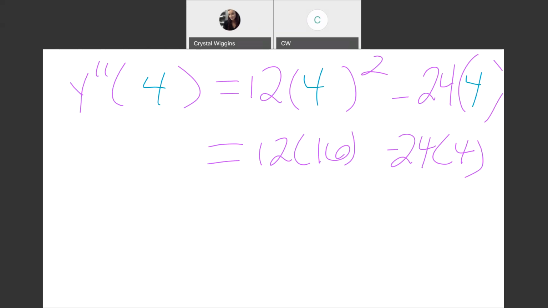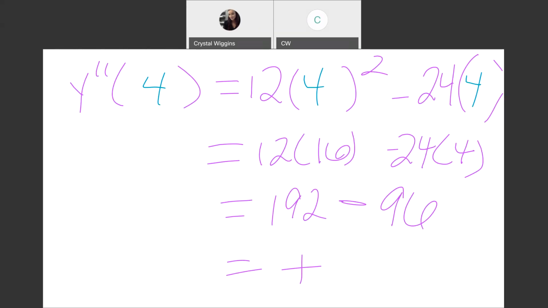I believe it was 192. Yes. Okay, 192, and we are subtracting because there's only one negative. 24 times 4 is 96. So we are subtracting a smaller number, which means we are going to come out to a positive answer. And to the right of 3, it is again smiling, concave up.